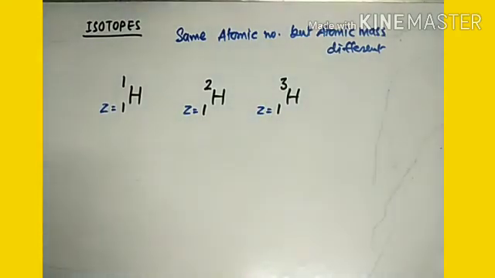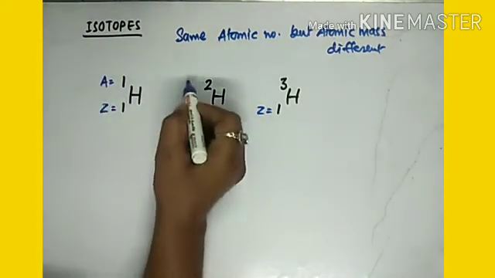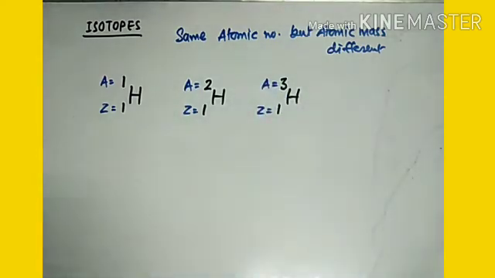But there is a variation in the atomic mass. So these are the examples of isotopes. Isotopes are those which have the same atomic number but different atomic masses, right?